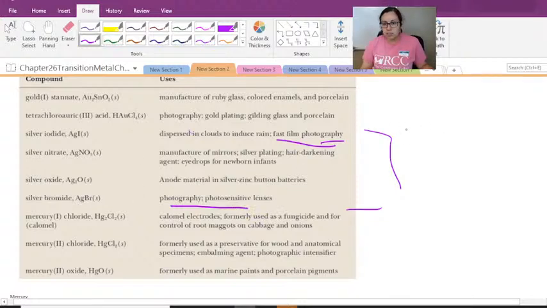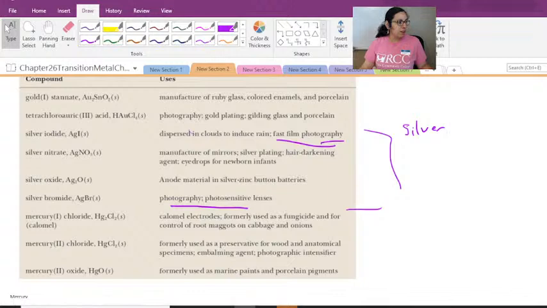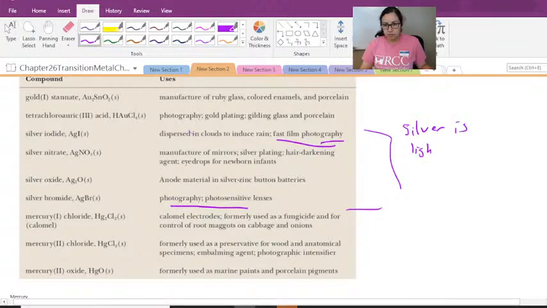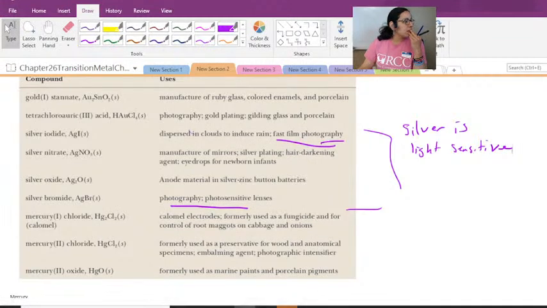Silver compounds tend to be light sensitive. I'm not entirely sure why, but you generally see silver compounds stored in a dark amber bottle to prevent as much light as possible from coming in. That's pretty unique to silver, where they're sensitive.